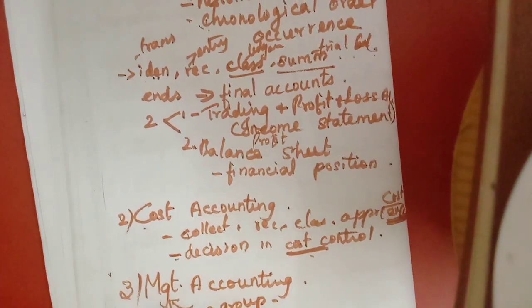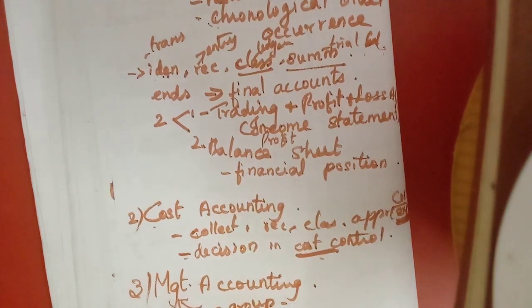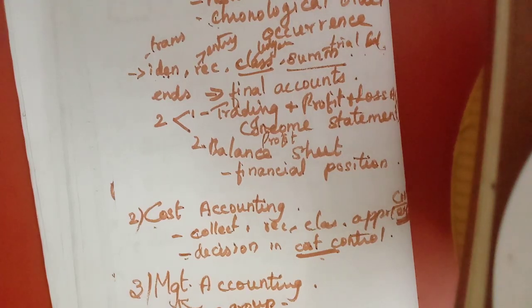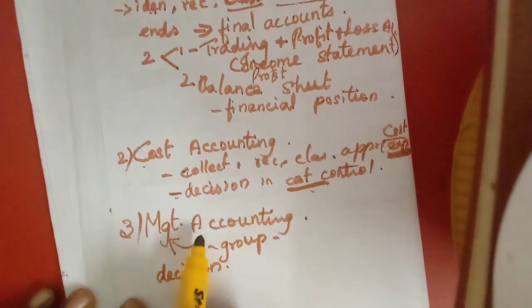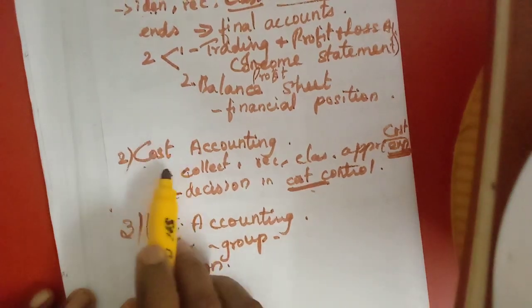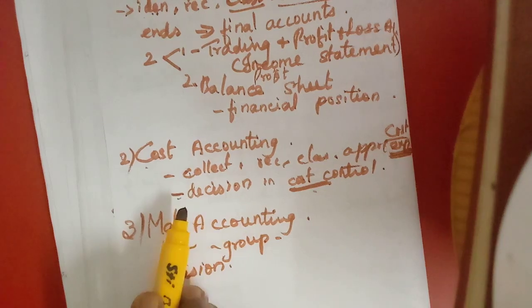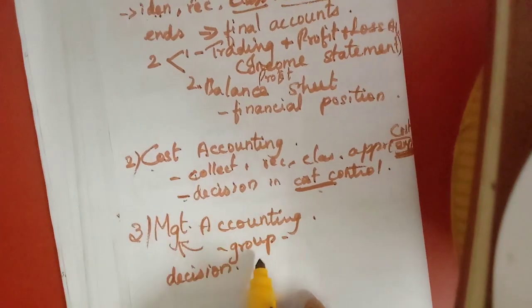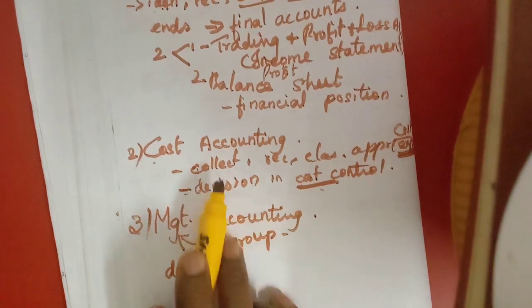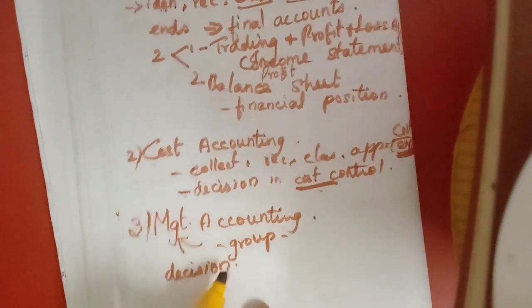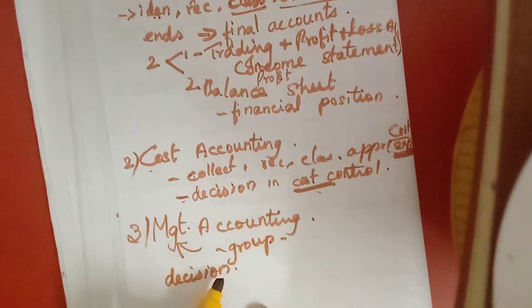This is for evolving future plans, for the future development of the business. For that purpose, the management will group all the cost, expenditure and income that they have collected from these two accountings, and use that for performing their own function.